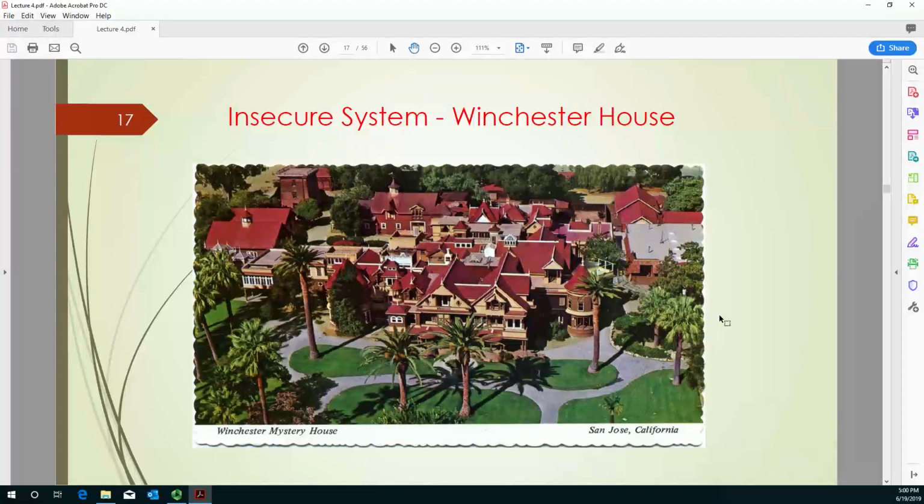So she kept adding units to her house, adding more and more constructs to the Winchester house, thereby expanding it every year. As a consequence, it was a poorly designed building where you could get in through different methods, and you need so many security guards to really secure this place.